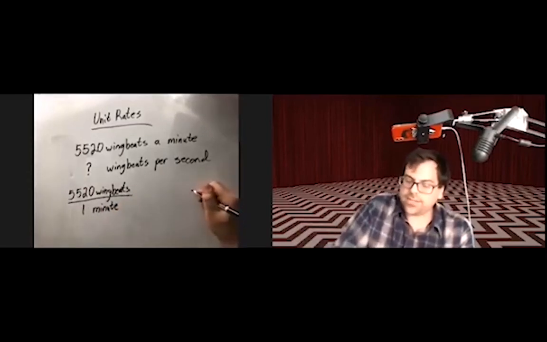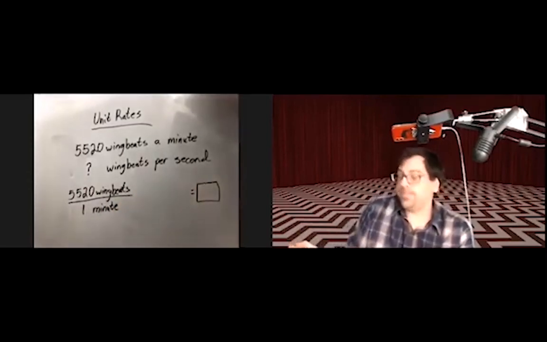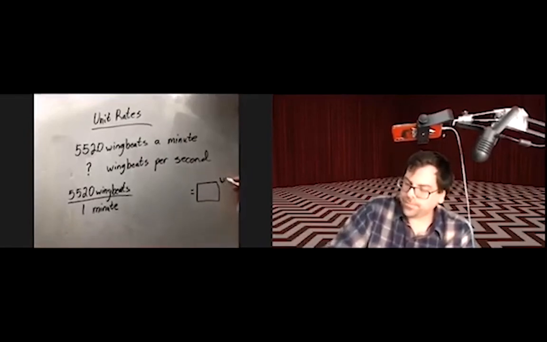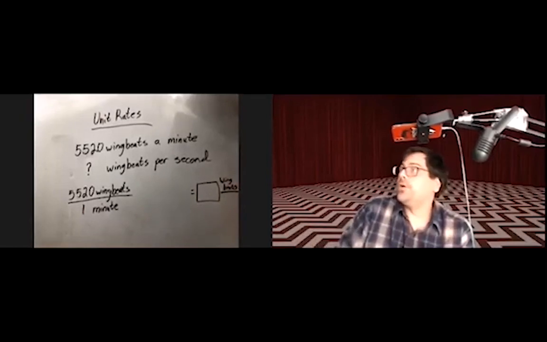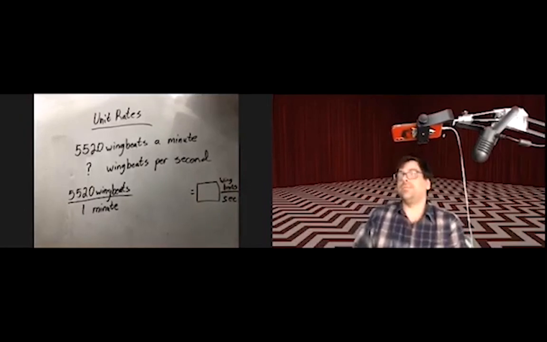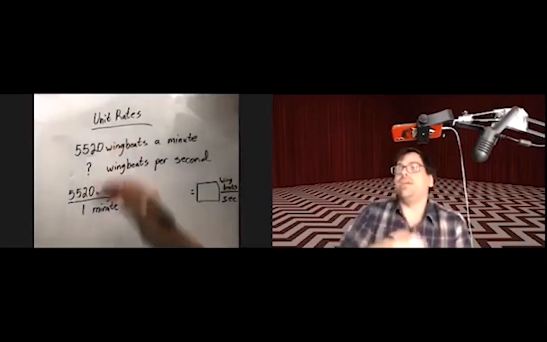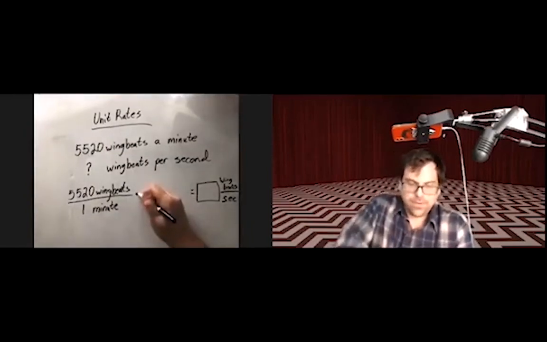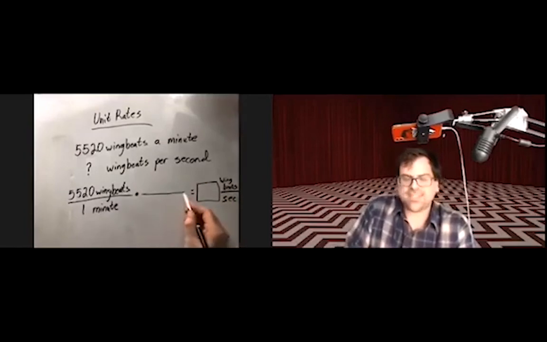We want our answer to be some number of wing beats per second, but we have wing beats per minute. We want to multiply by some conversion.